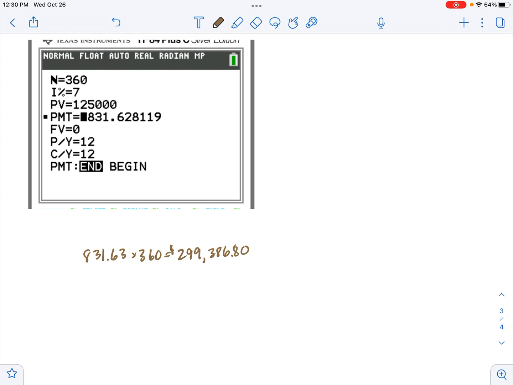This is the amount of money I'm paying for my $125,000 loan. And that's quite a bit. In fact, we can tell how much more it is by just subtracting the $125,000 amount that we actually got from the bank from the $299,000 that we're paying the bank.